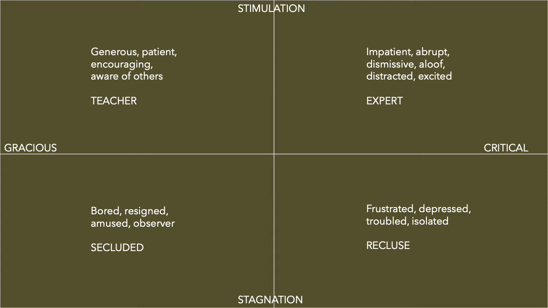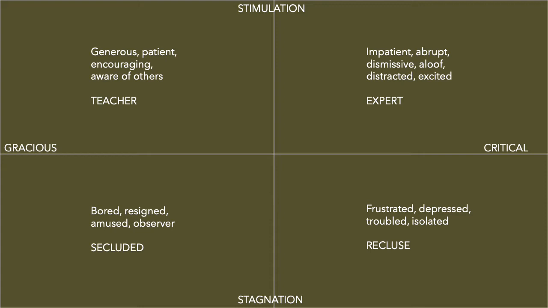Often when he's in his expert mode, he's not even aware of other people, or if he is, he's very abrupt with them, quite rude to them. When he's being his teacher self, he is fully aware that they're there, and he tries to aid them in some way, to keep up with him, if you like. So that's the two sides of Holmes's positive, active personality, his forward-facing, energetic personality.